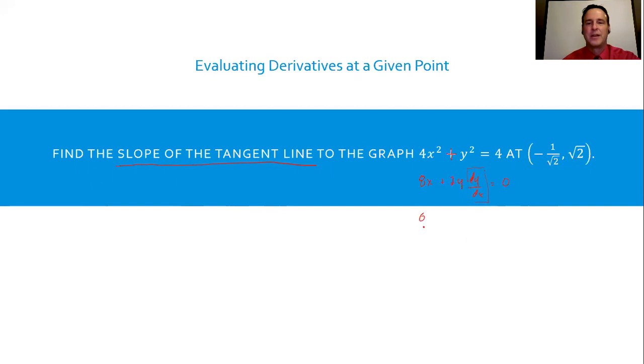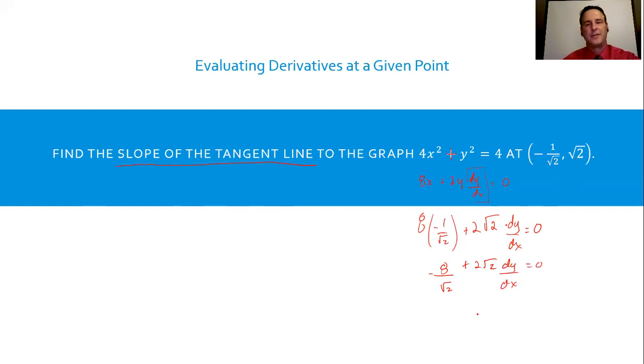So here's my x. My x is -1 over root 2, plus 2y, which is root 2, times dy/dx equals 0. All right, so this is 8 over rad 2, and that's a negative, plus 2 rad 2 dy/dx.